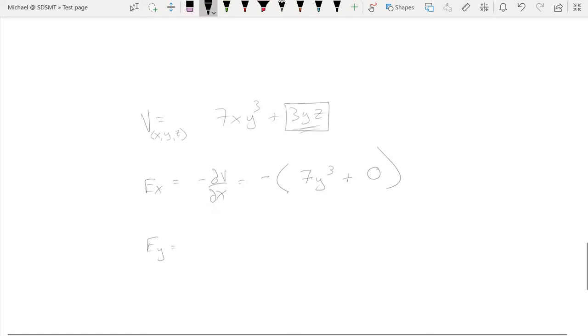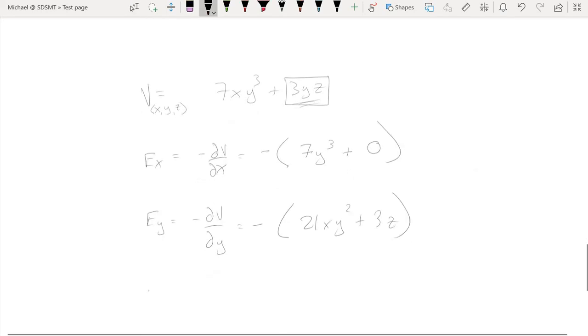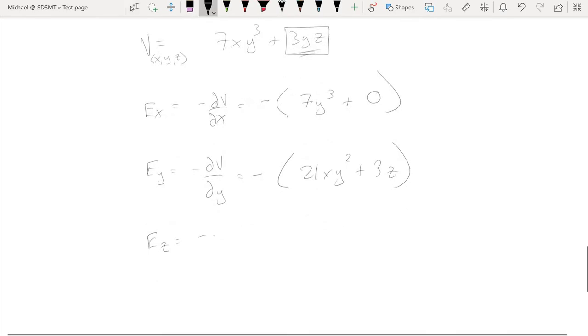E of y, we have negative partial with respect to y. This would be 21xy squared plus 3z. No surprises there. And then E of z, negative partial with respect to z.